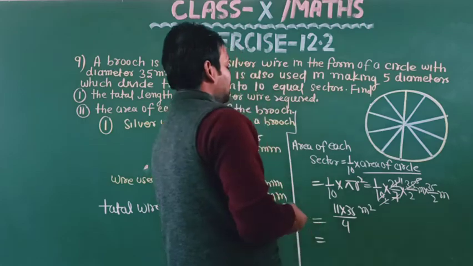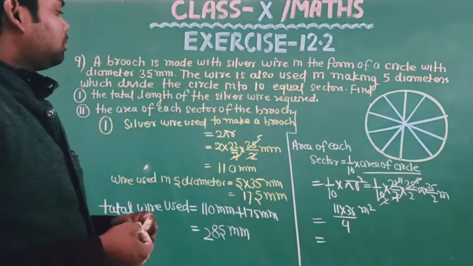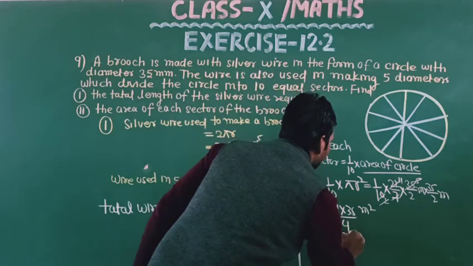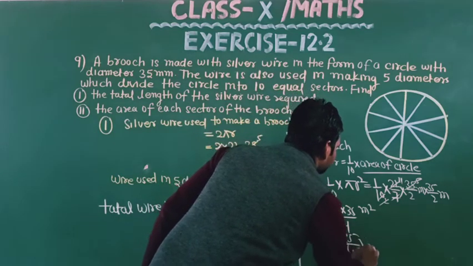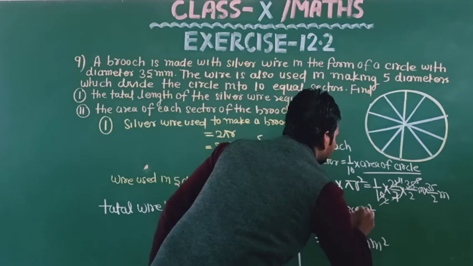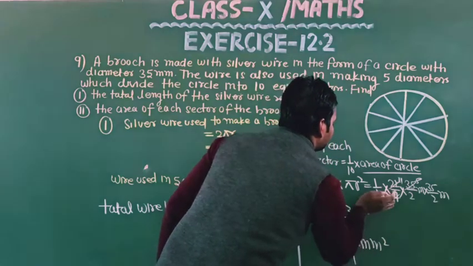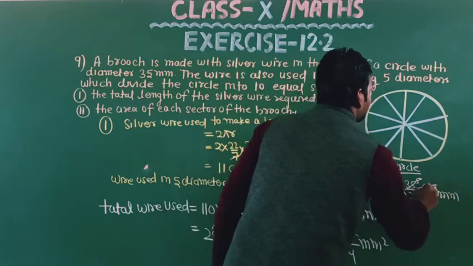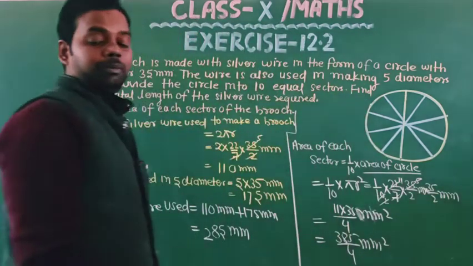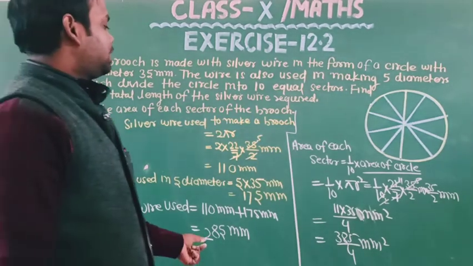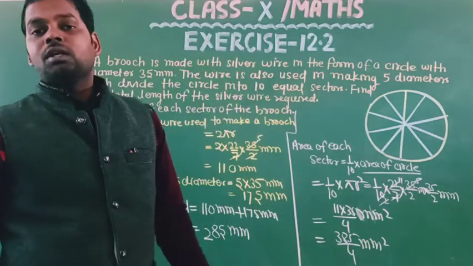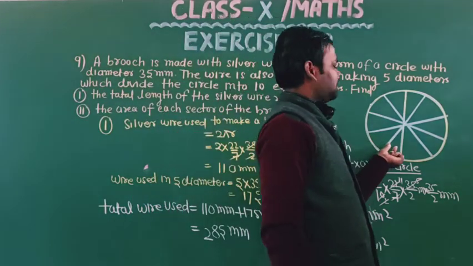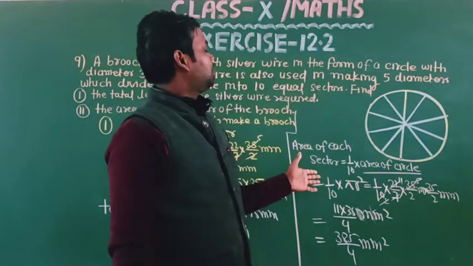So after multiplication 11 into 35, we will get 385 by 4 mm square. This is the area of each sector of the brooch.